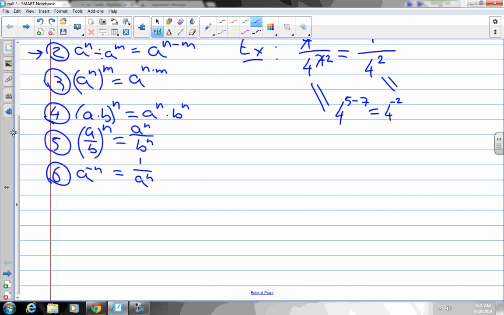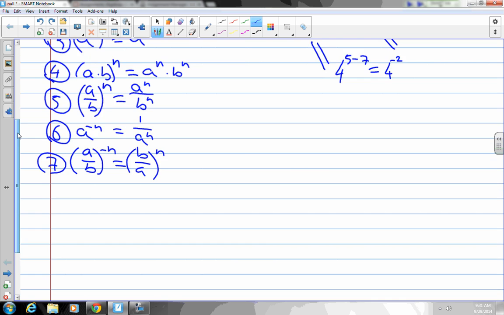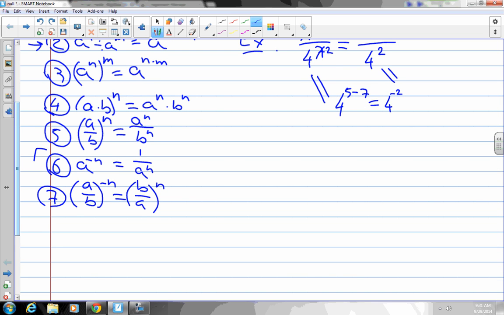Or in the bigger picture, if you take a fraction and you raise it to a negative power, all that negative sign does is take the reciprocal of your fraction, so it becomes b over a to the power n, like that. So these are the two rules that you should have seen before, but now they're official, okay?